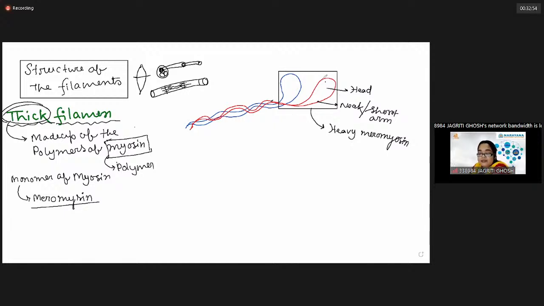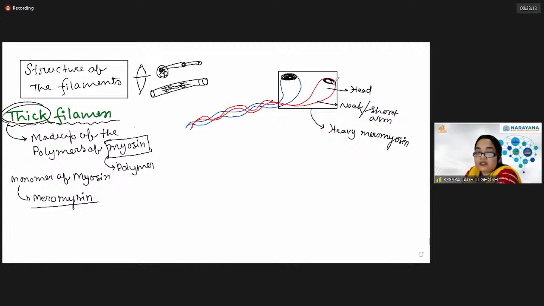So as I was telling, on the top of this meromyosin, there is a site where they bind ATP, which is needed for the contraction of muscle.